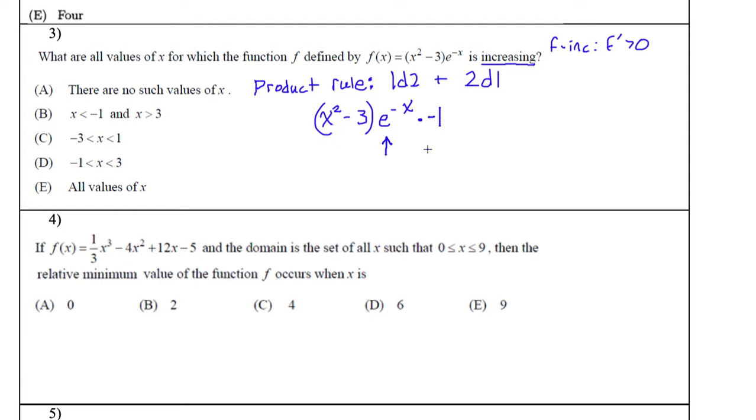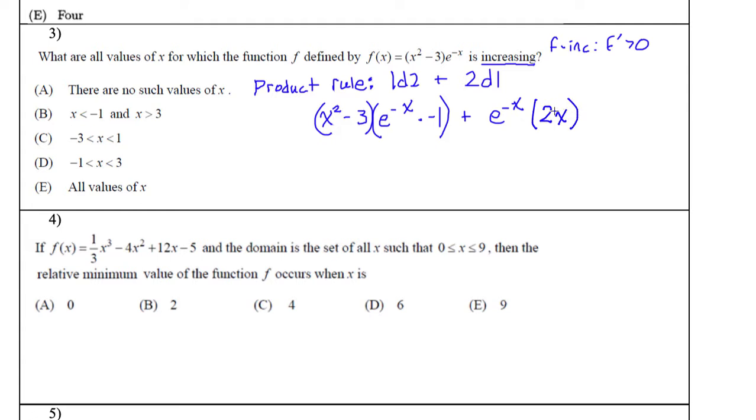So we had doubter and dinner. All right, that is all d2, and now we need to add 2. 2 is e to the negative x, and derivative of 1, the derivative of x squared minus 3, is just times 2x.